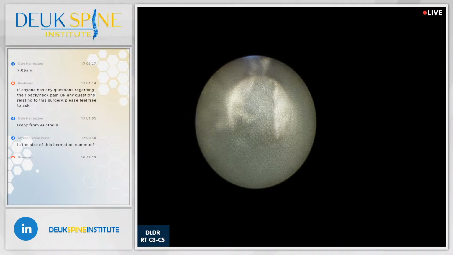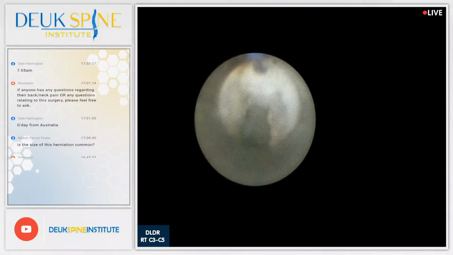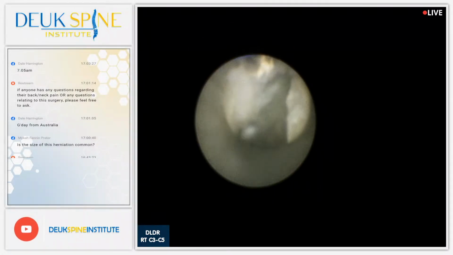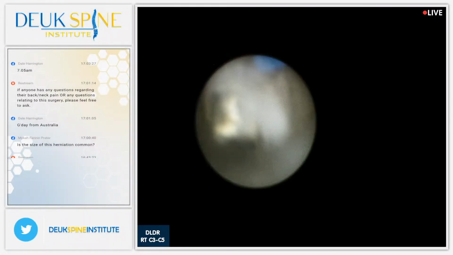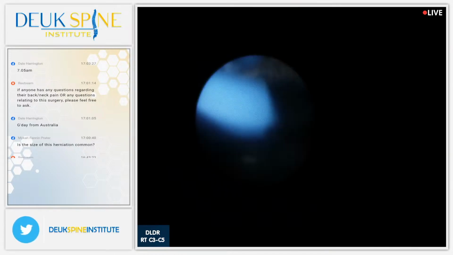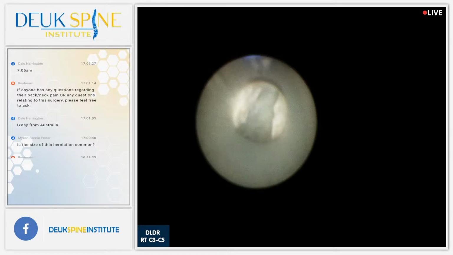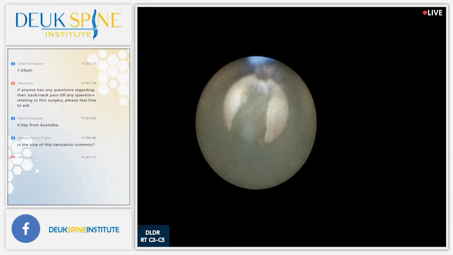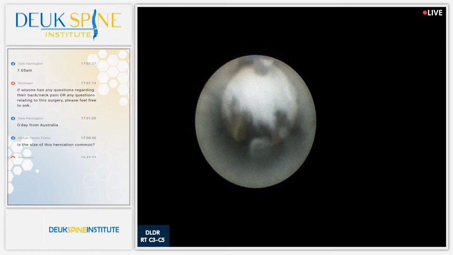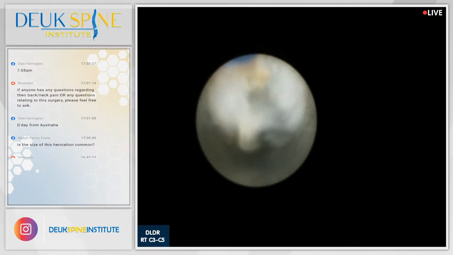And I always talk about don't gild the lily, meaning don't go for an unrealistic result that you can't achieve. And that's going to end up hurting the patient while you try. So, all right, I don't see much else. I'm just going to keep removing this herniation over here, cleaning up this tear.